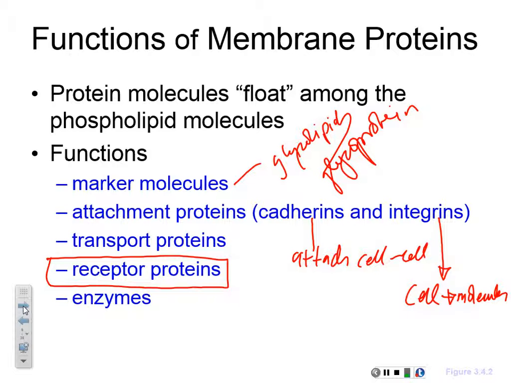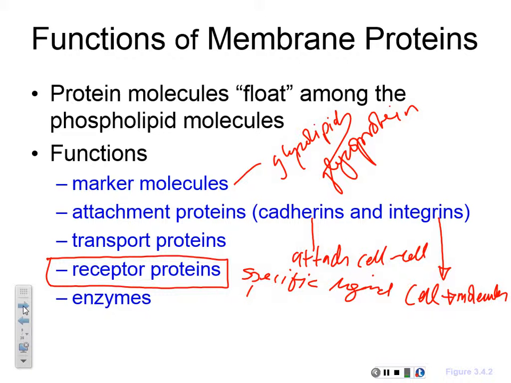You see that? Whereas integrins will attach to kind of sort of any molecule, but receptors have a specific ligand, which is almost like a lock and key kind of thing. If the ligand doesn't fit the receptor, there's a receptor site specifically for that ligand, okay?